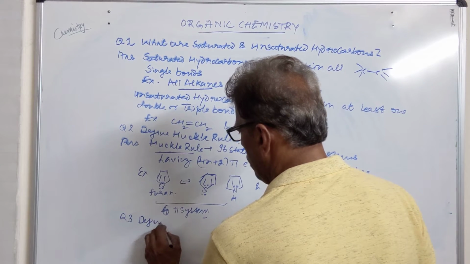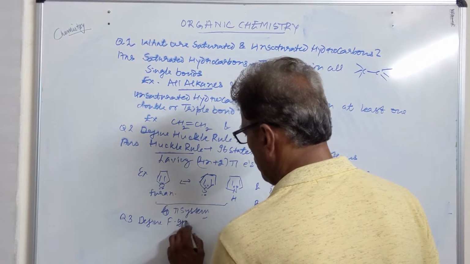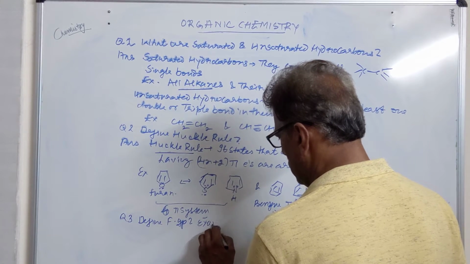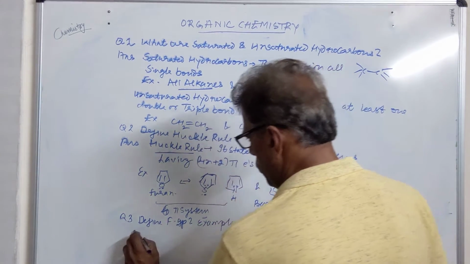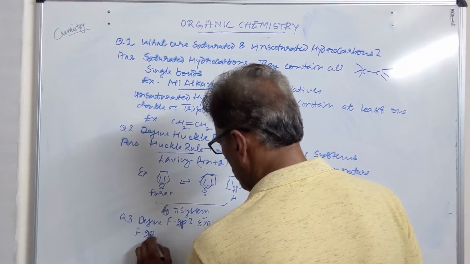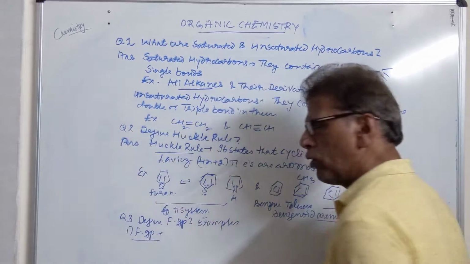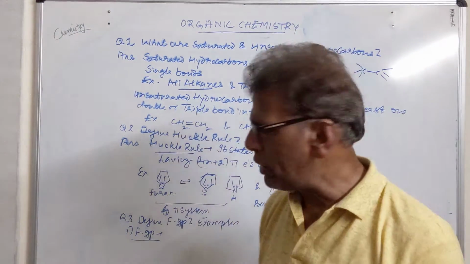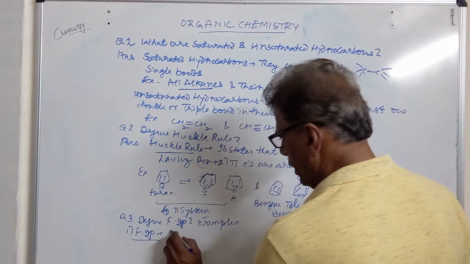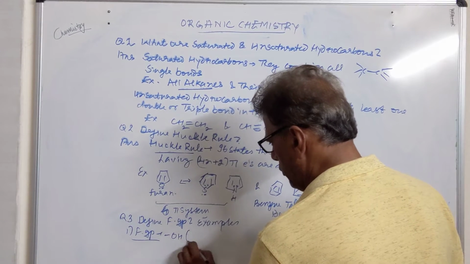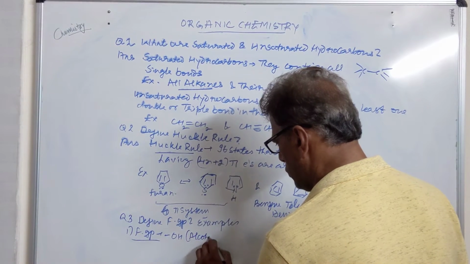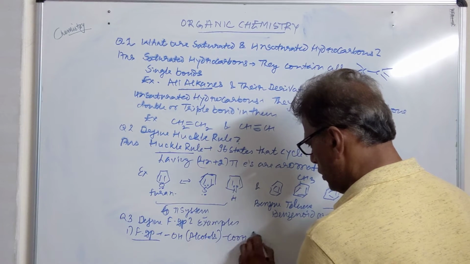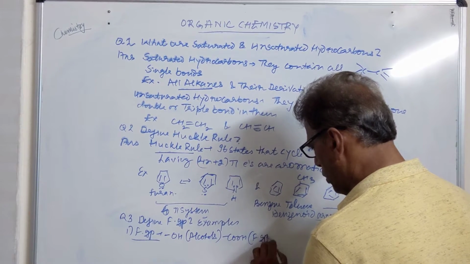Define functional group. Give some examples. A functional group is an atom or group of atoms which is responsible for the characteristic properties of the compound. For example, OH, it is the functional group of alcohols. Then COOH, it is functional group of carboxylic acid.